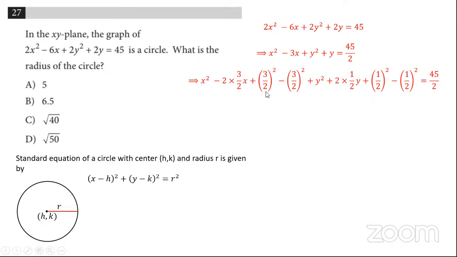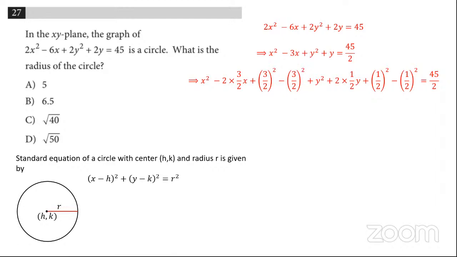Plus 3 by 2 the whole square, that is same as b square. So the first 3 terms will be a square minus 2ab plus b square. It is in that form, right? So we can write it like x minus 3 by 2 the whole square. Since we added a term 3 by 2 the whole square, we have to subtract it as well. So minus 3 by 2 the whole square.